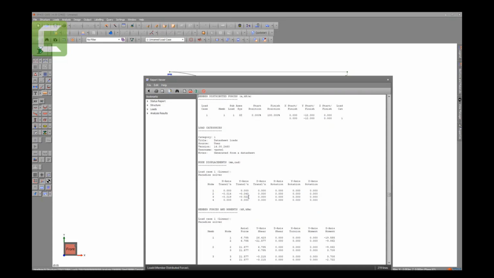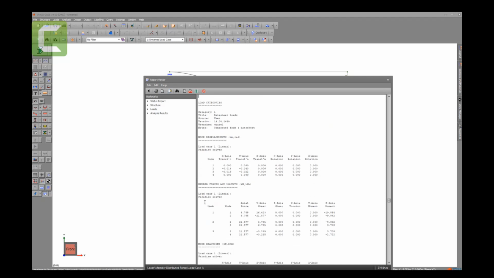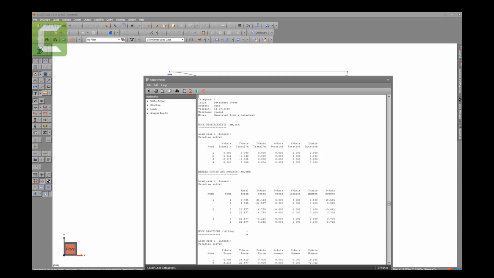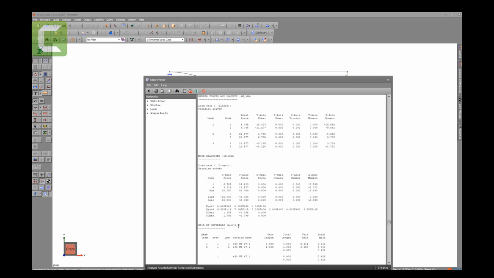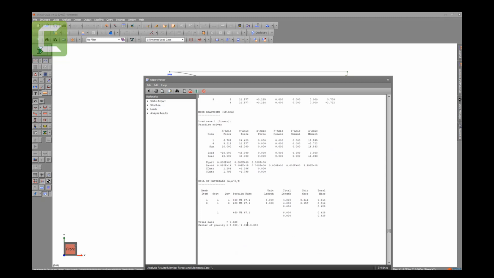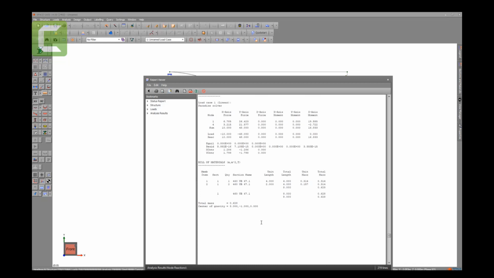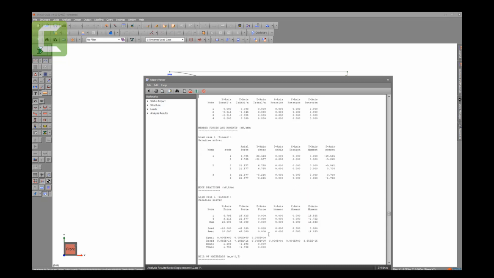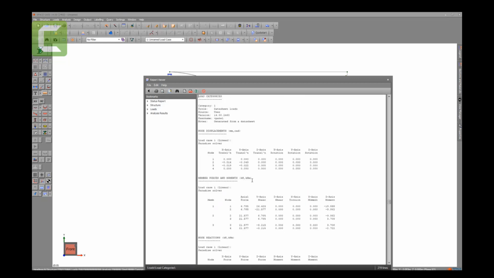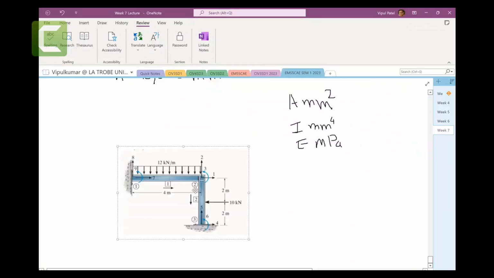Now I think rotation is not there. Member force and moments, no, they're not showing it. Node reactions are there. Bill of materials. There is nothing for the rotation anyway, but other details are already verified, so the rotations would be okay. You can say that all the reaction forces are verified, all other displacements are verified. So this is your questions.